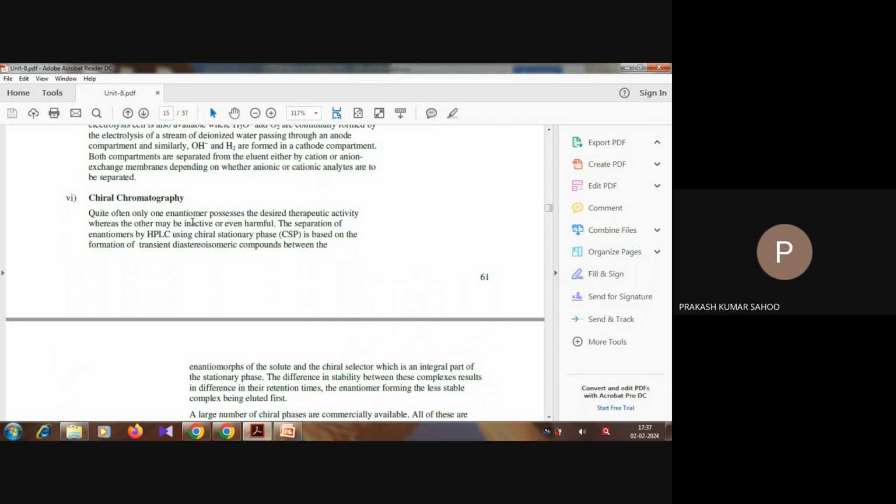If a carbon is tetrahedrally bonded to four different groups, that carbon is treated as a chiral carbon. So for chiral chromatography, the stationary phase or the column is packed with some chiral compounds.